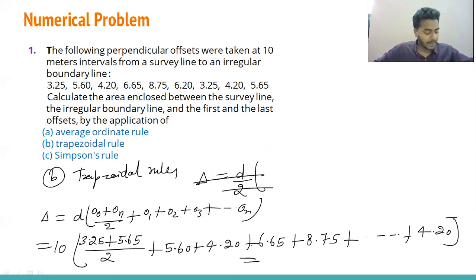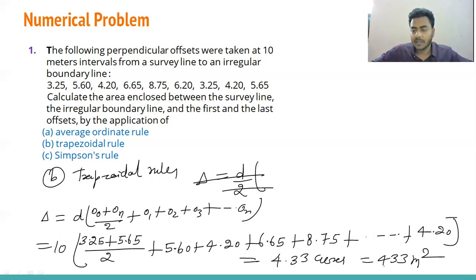Calculating, I'm getting 4.33 acres, or 433 meter square. 100 meter square is equal to 1 acre, so that is converted in acres.